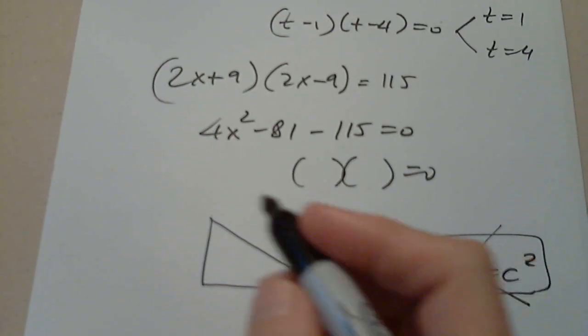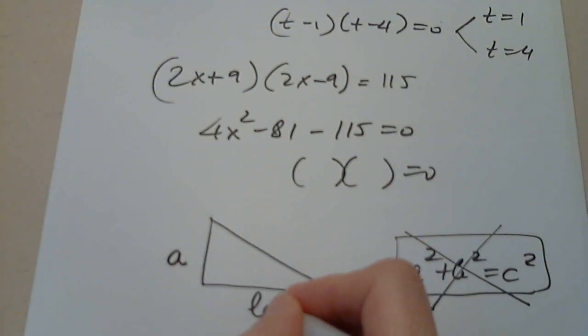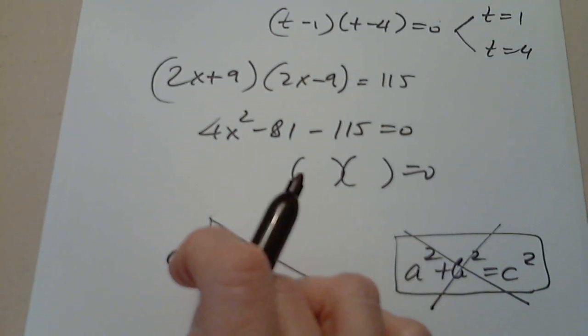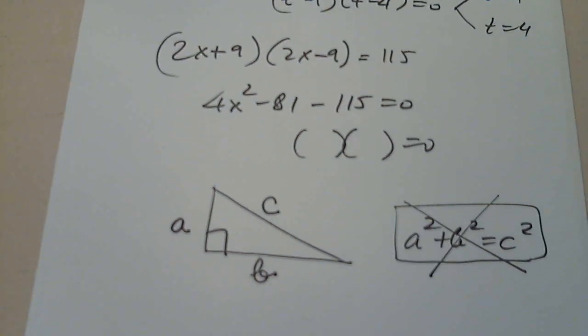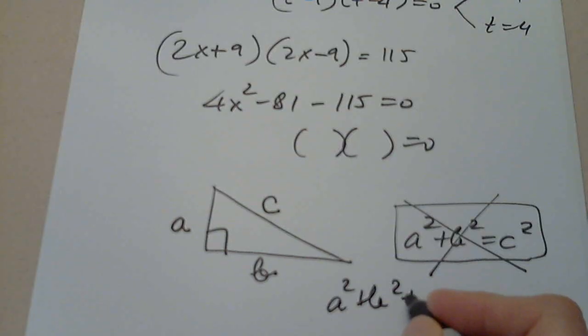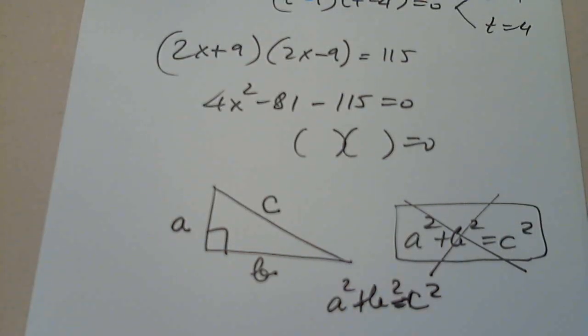All you have to say is one leg squared plus the second leg squared, they are called legs because they form the 90-degree angle, equals the hypotenuse squared. That makes sense. The sum of the squares of the legs equals the hypotenuse squared.